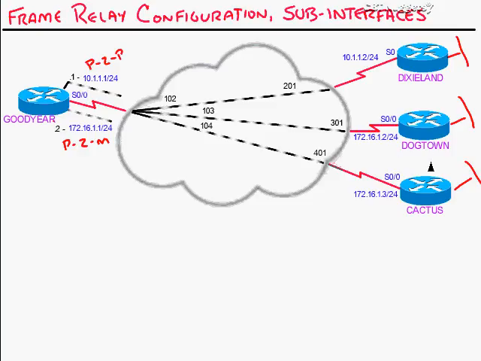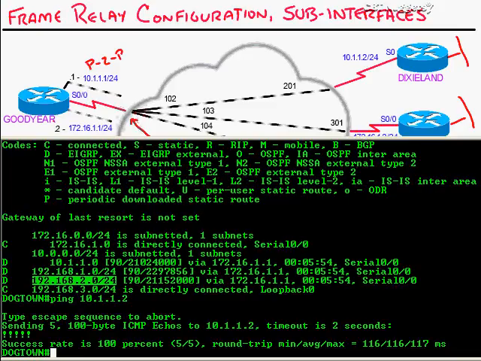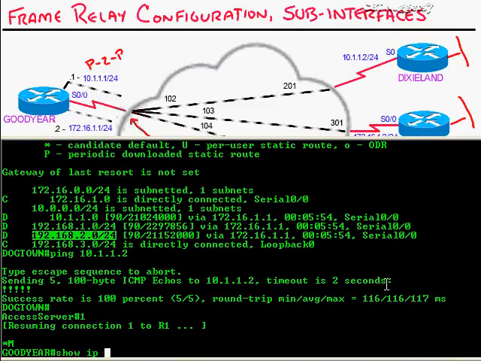Why not? Well, this is the evil of point-to-multipoint. I told you I loathe point-to-multipoint interfaces, and it's because of split horizon, demonstrated right before our eyes. Cactus is advertising into Goodyear about its 192.168.4 network. Let's verify that. Let's go over to Goodyear. Show IP route.